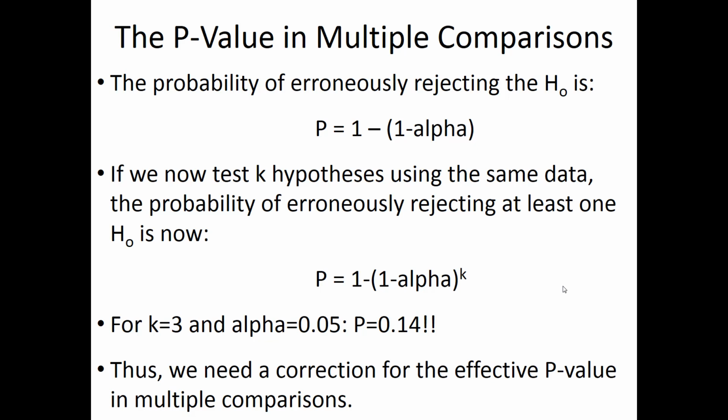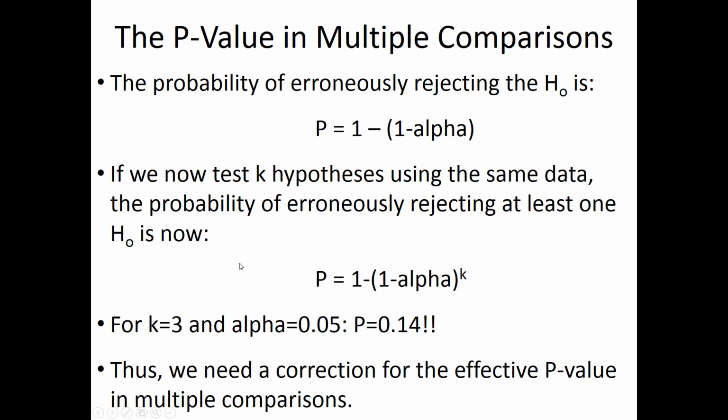However, the p-value in multiple comparisons changes. In the single case, the probability of erroneously rejecting the null hypothesis is related to alpha. If we now test k hypotheses using the same data, the probability of erroneously rejecting is now raised to the power of the number of tests.